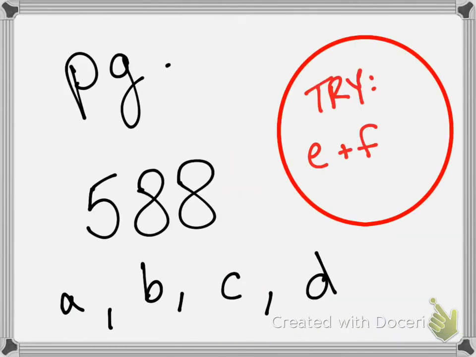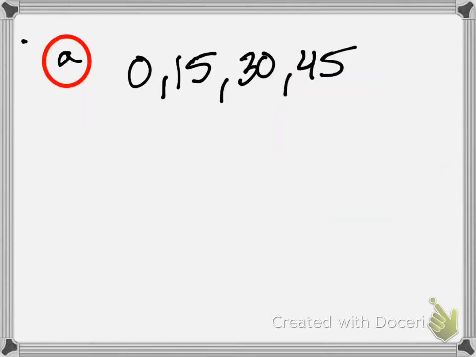Excellent. I want you guys to go to page 588 and do A, B, C, and D. And when you finish, try E and F. So let's look at these problems. A. What are the next 2 numbers in the pattern, Michelle? 60 and 75.